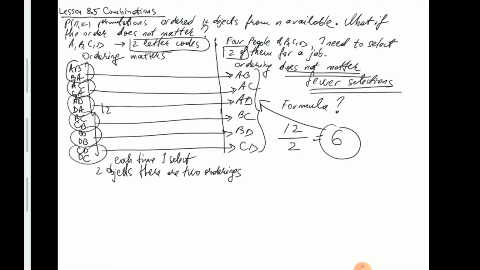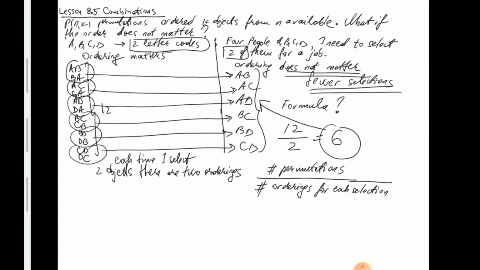And that can be related to the number of permutations by taking the number of permutations on the top and dividing it by the number of orderings for each selection. In this example, I always select 2 objects, 2 out of 4. And each selection can be ordered in 2 ways, A, B, B, A, B, C, C, B, and so on and so forth.